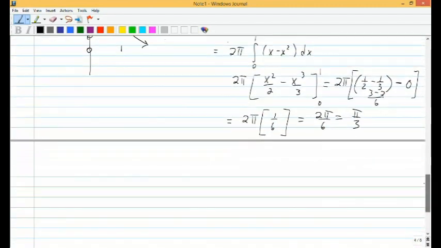Alright, let's look at another one. Let's say we have y equals 1/2 x cubed, y equals 0, x equals 3, and we want to revolve that about the y-axis.